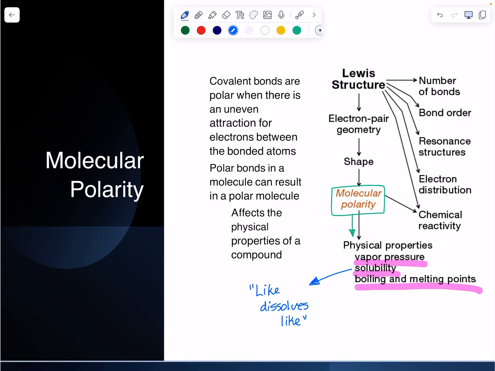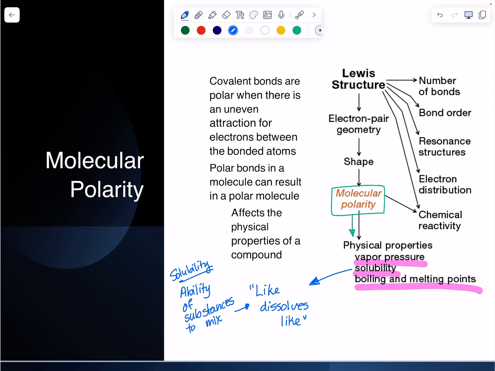So solubility means the ability of two substances to mix, okay? And again, we use this phrase "like dissolves like," which means that two substances will mix well if they have similar polarities.